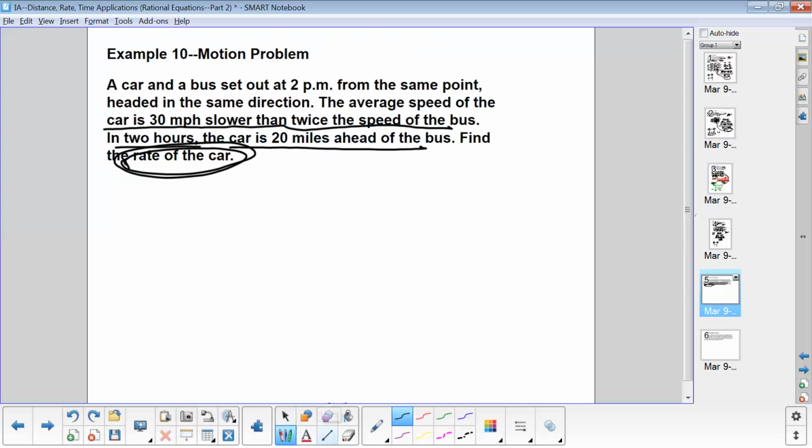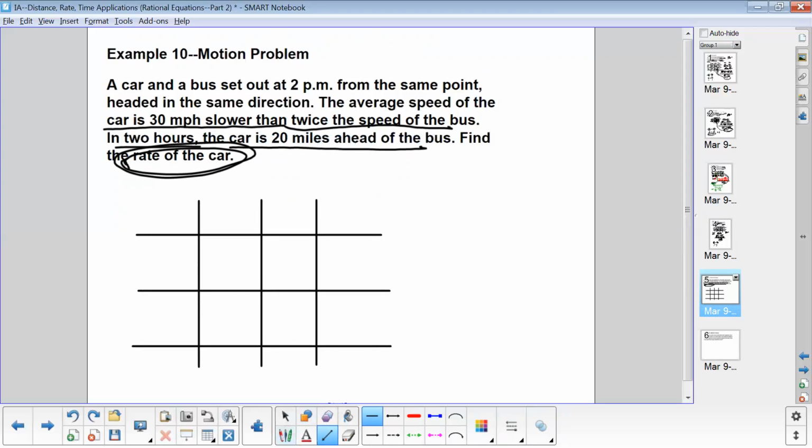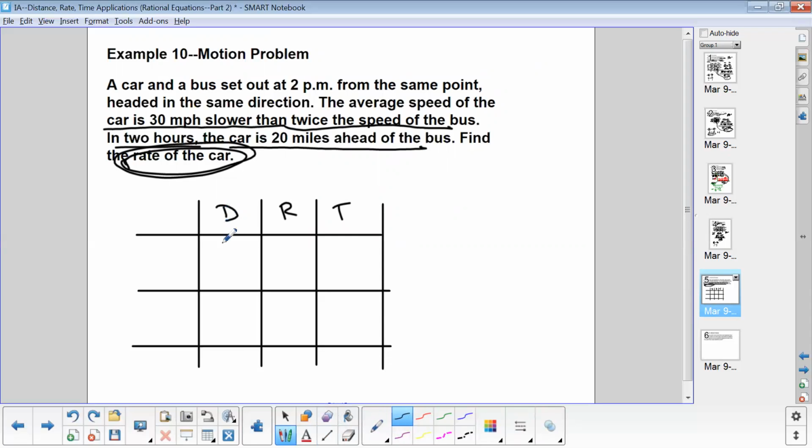So we have a car and a bus. We got our distance, we got our rate, we got our time. And we'll say here's the car and here's the bus.